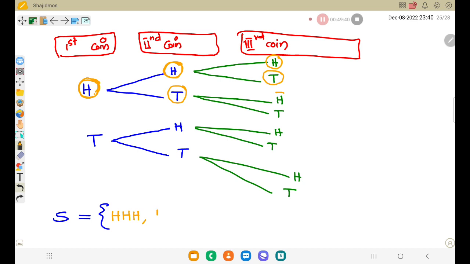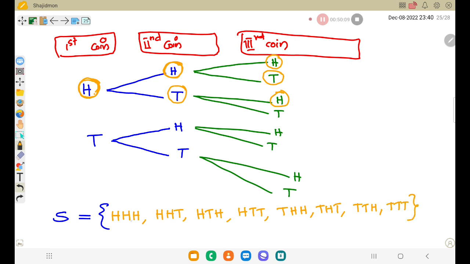So we can write head, head and tail, correct? Now we can write head, tail and head. Then head, tail and tail. Then tail, head and head. Then tail, head and tail. Then tail, tail, head. Then tail, tail and tail.